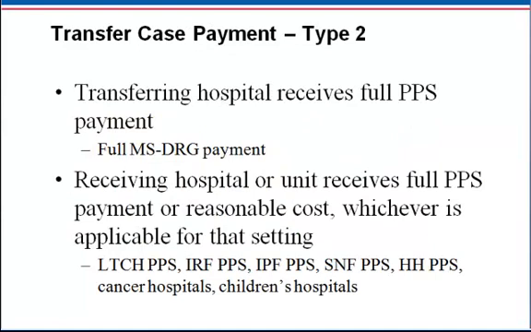In a type 2 transfer, and again, that's when a transfer occurs from an inpatient prospective payment system hospital to either a hospital or a unit that is not part of the prospective payment system, the full prospective payment system payment is made to the transferring hospital, and the receiving hospital or unit is paid on a reasonable cost basis or under a different prospective payment system for that setting.